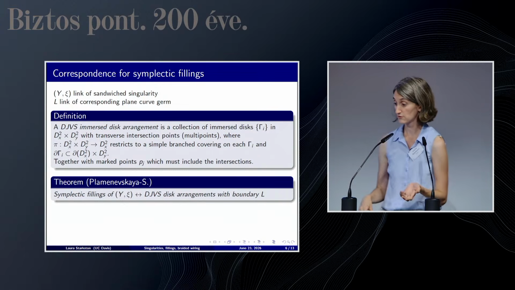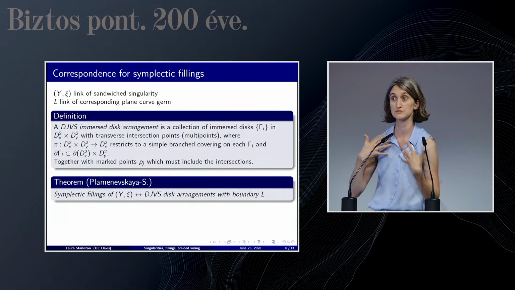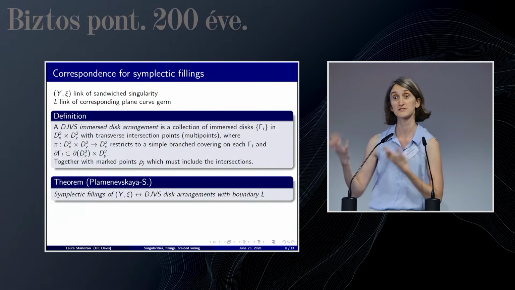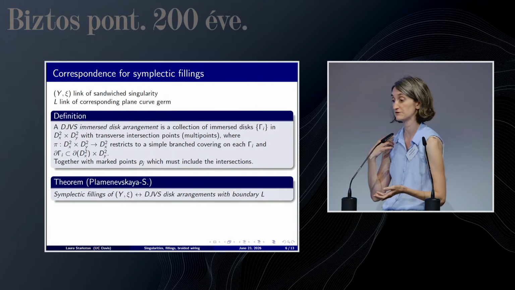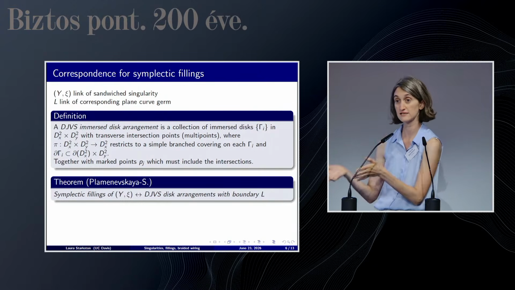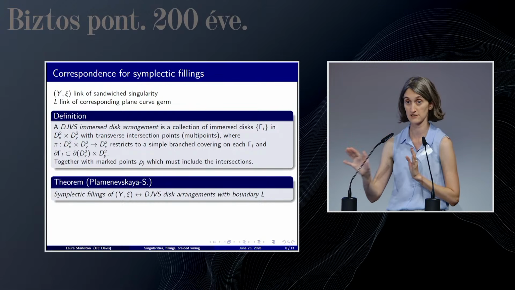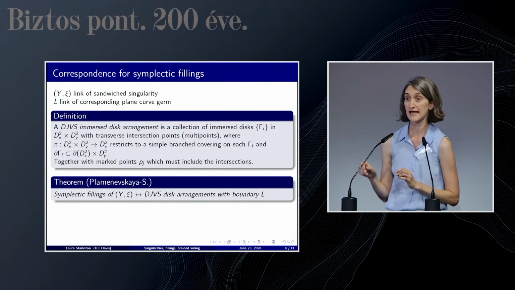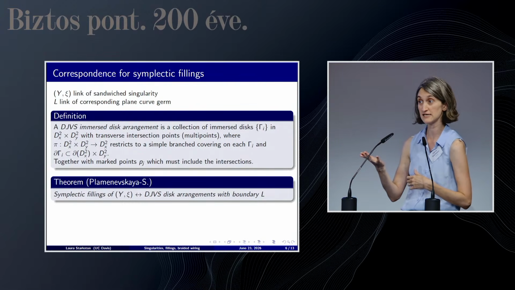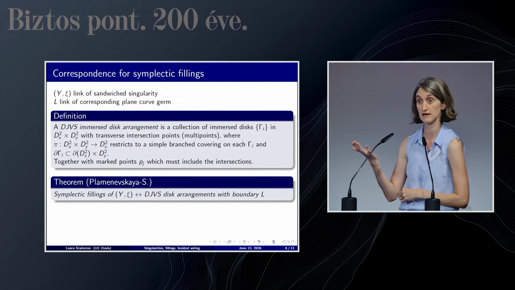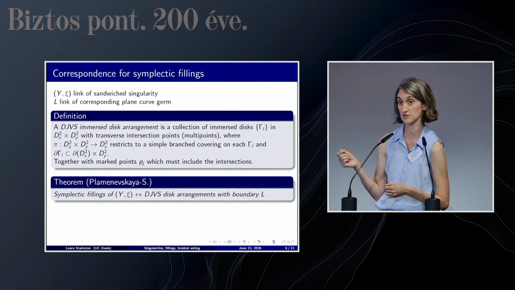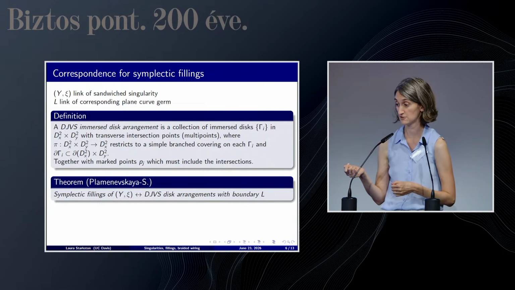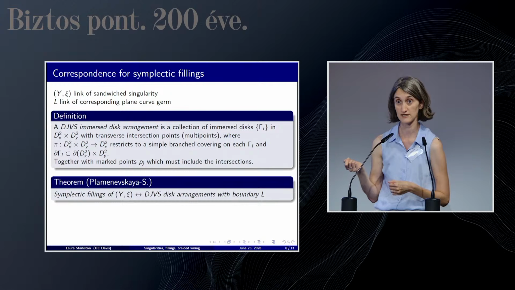So what Olga and I did was try to develop this correspondence for symplectic fillings. And so now we've got our link of our sandwich singularity, so that's our contact manifold. And now de Jong and Van Straten have associated a curve, this kind of singular plane curve, to our sandwich singularity.